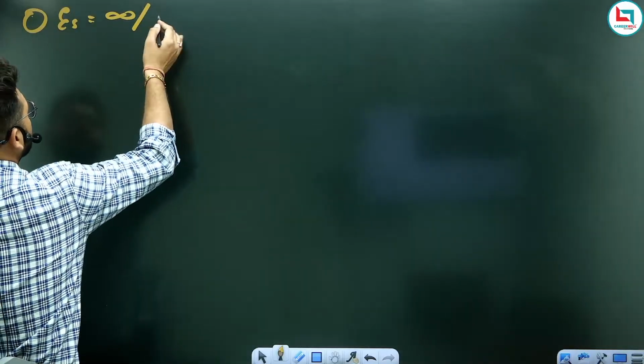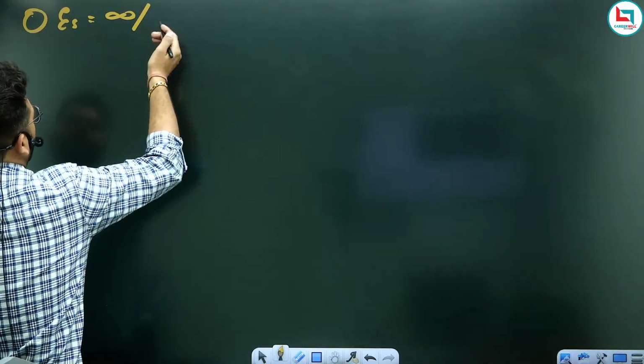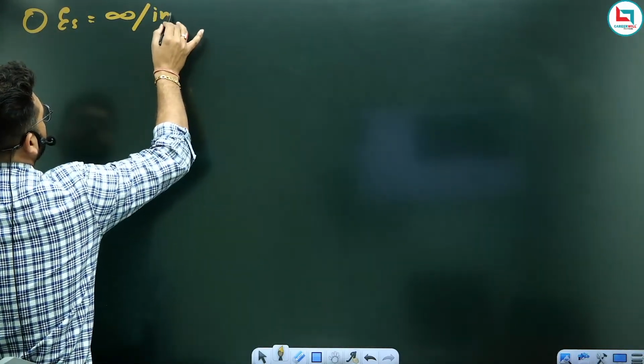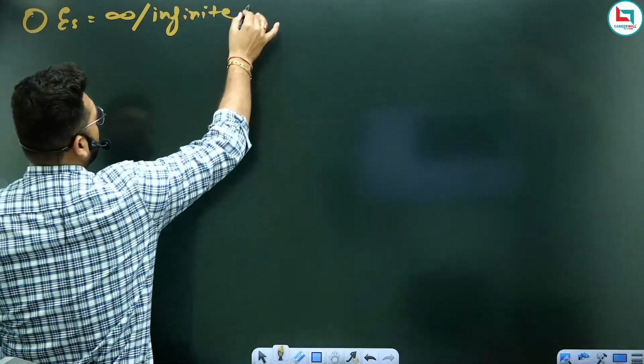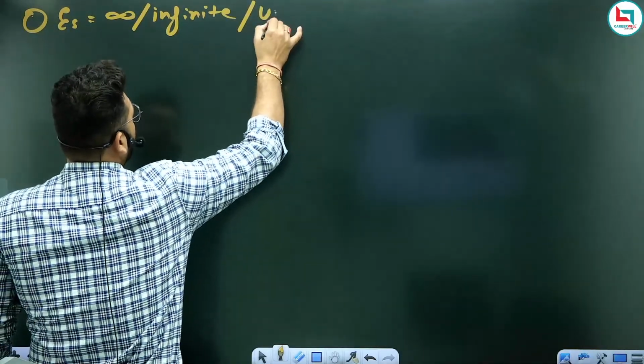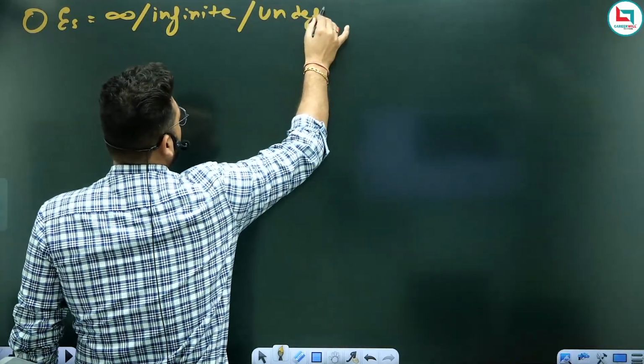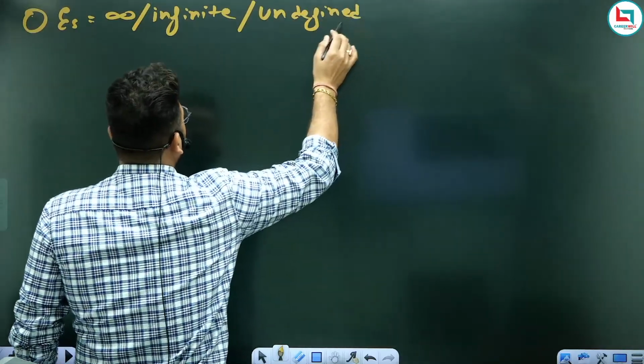Now the next and the last one is what? When ES is equal to infinite, or you can say undefined.